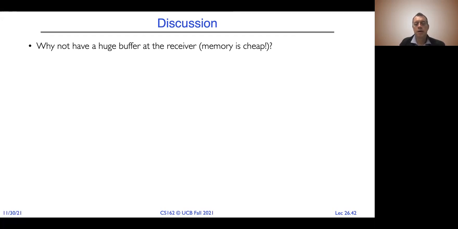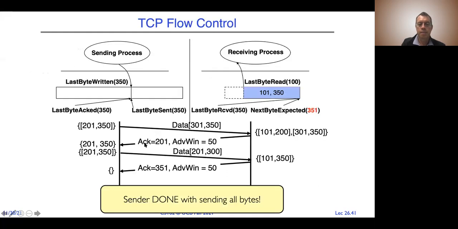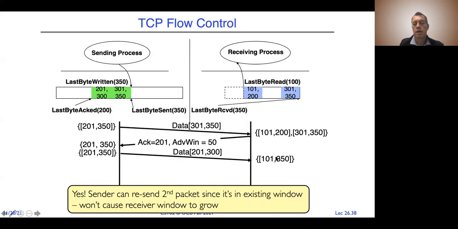Yes, almost everything we talked about goes to go back N and selective repeat. The only difference is the selective acknowledgement I showed you. So I'm telling you what the difference is.